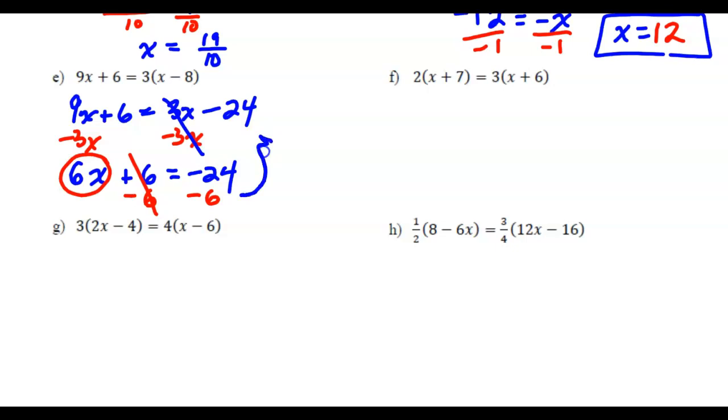So now 6x equals negative 24 minus 6, which is negative 30. And divide by 6. So x equals negative 5.